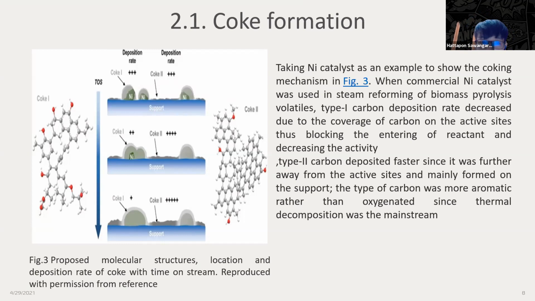Carbon deposition rates: discrete cover of carbon on the active site blocks the entry of reactant, causing deactivation. Actual carbon deposition is filtered from the active site and moves on to the support.